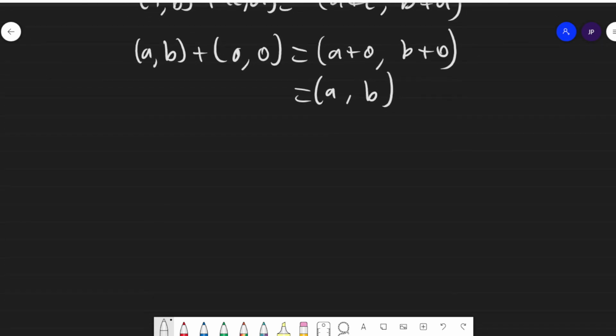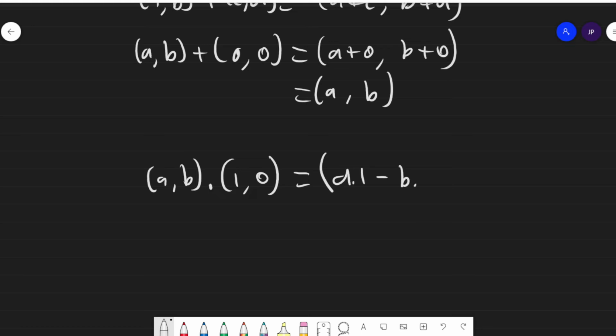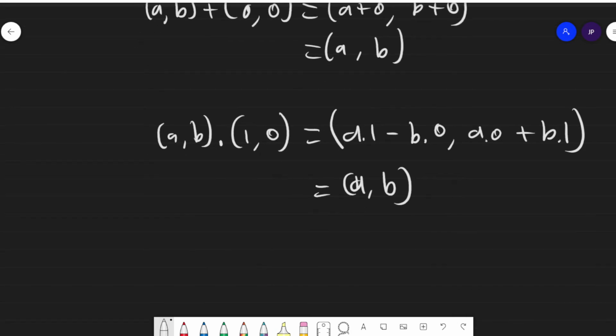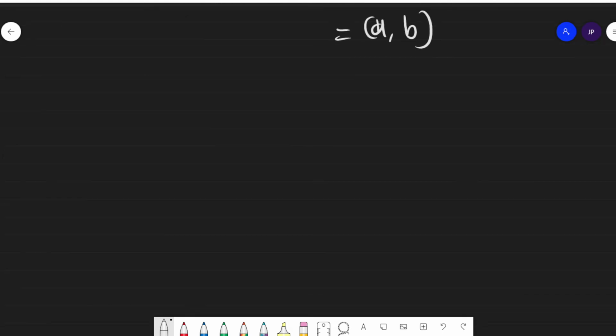For multiplication, it's also fairly simple to show your identity element. Easily show that it's the first product of the first minus product of the second, and we have the product of the outer plus the product of the inner, which will eventually map back to A and B. Okay, so both actually have identity elements.